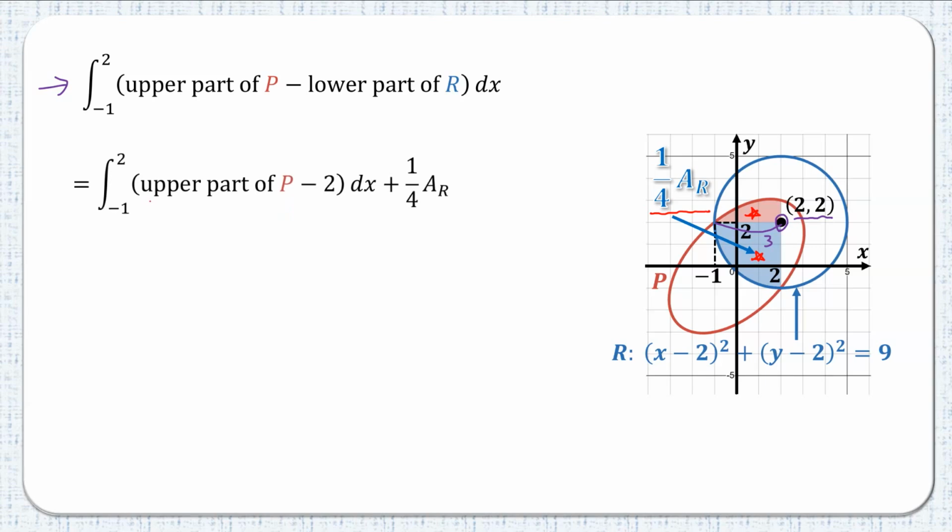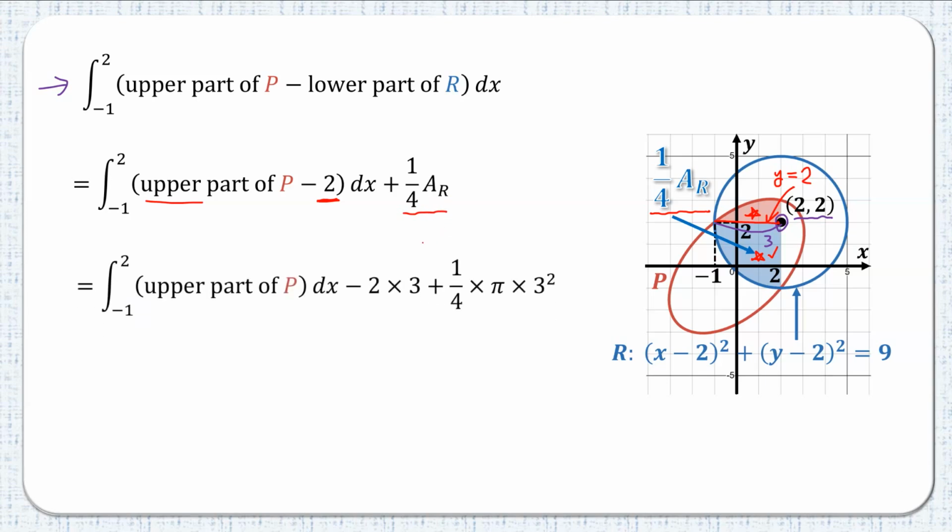The red area is the integral of the upper part of ellipse P minus 2, because this line right here is y equals 2. And then we have the blue area, 1/4 times area of circle R. Therefore, we have the integral of the upper part of P minus 2 times 3 plus 1/4 times pi times radius 3 squared.